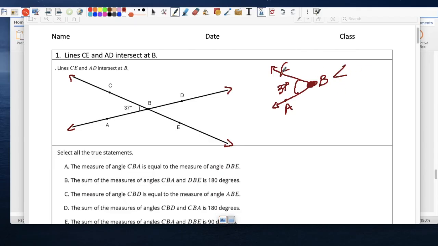Angle made up of this line segment C to B and then to A. Notice that the vertex is always in the middle. Let's name this angle here. This angle would be angle C to vertex B and then to D. C, B, D. Right, but it's made of two different rays.